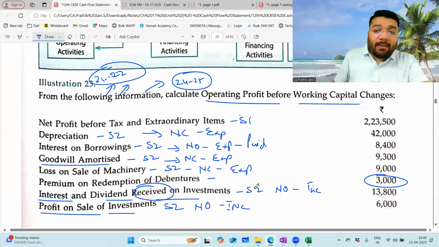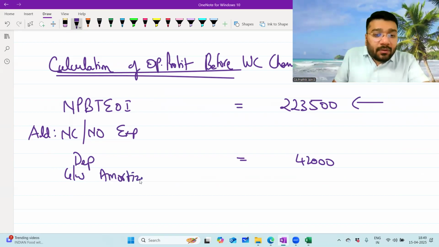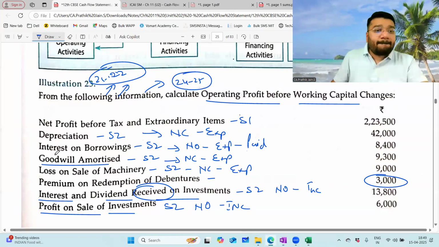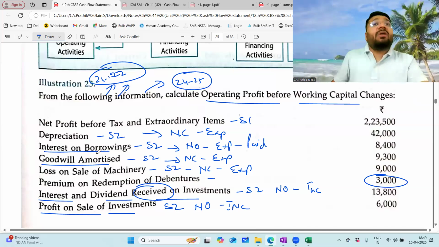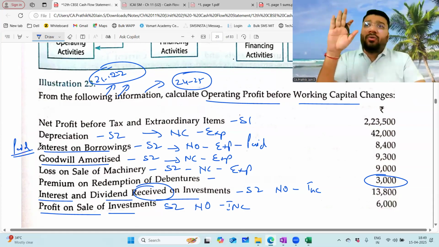Similarly, goodwill amortized. How much? 8,400. We have to add back. Interest on borrowing. I'm assuming this is paid. Interest on borrowing paid, cash outflow.